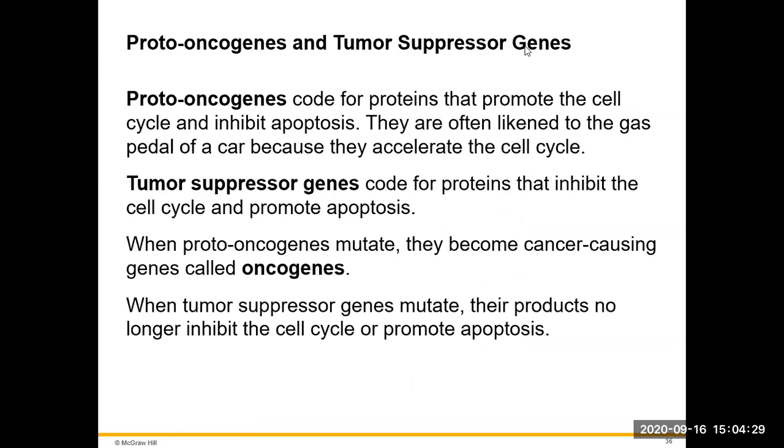Proto-oncogenes and tumor suppressor genes. I'm going to give you an example that is related, but not related to biology. A crime is failure to do what you are supposed to do, or failure not to do.